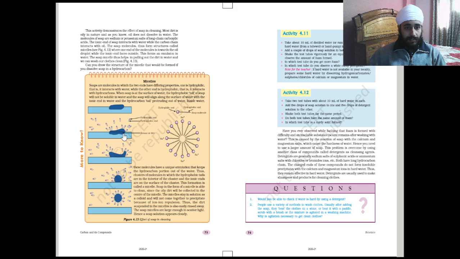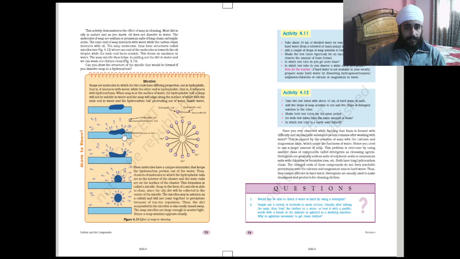This is the water, and the hydrophilic end comes towards it. It pulls the dirt out, makes a round, and pulls it up to the surface, so the cloth gets cleaned.